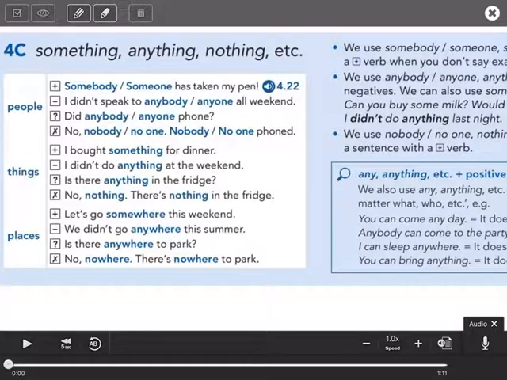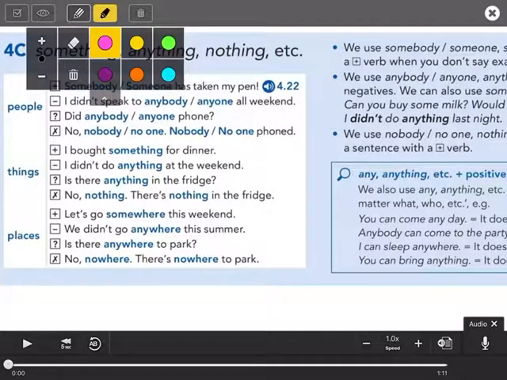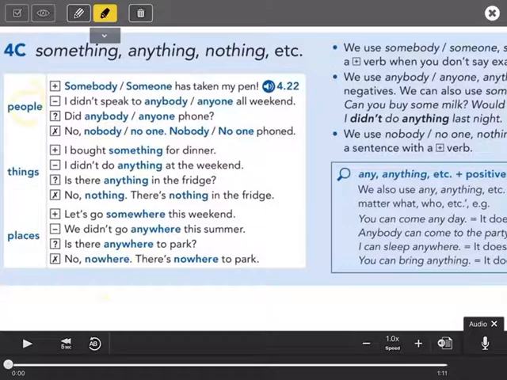So these are our sentences. There are two very important things that we need to remember, no? We need to remember if we are referring to people, things, or places. That will help us to choose the word, if it's body, thing, or where.